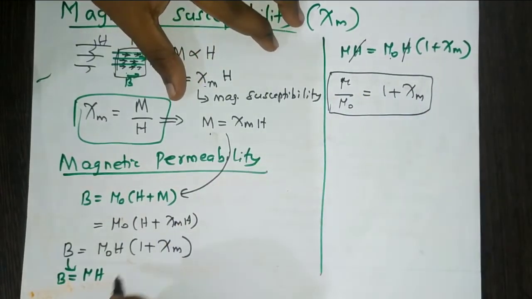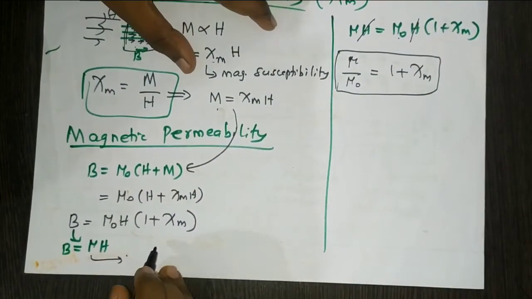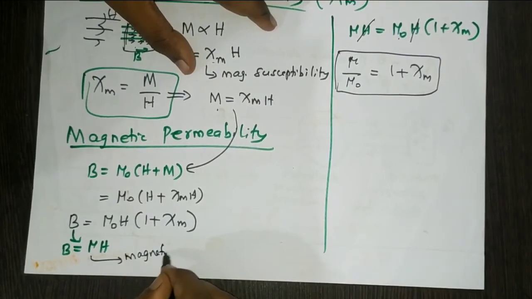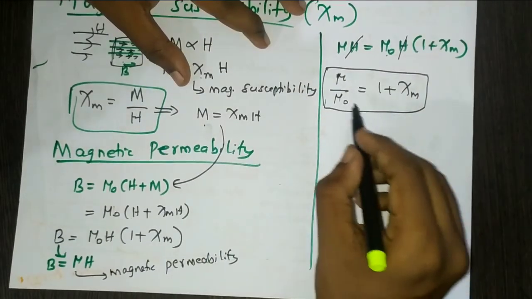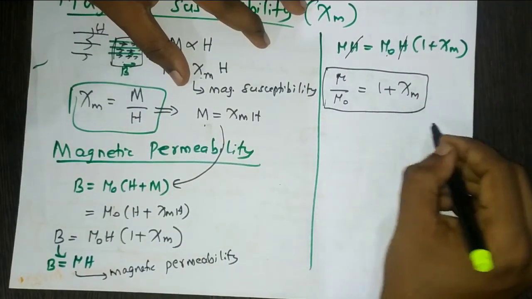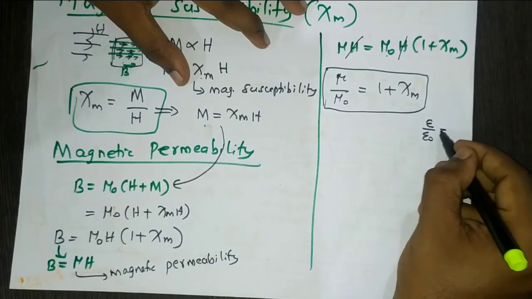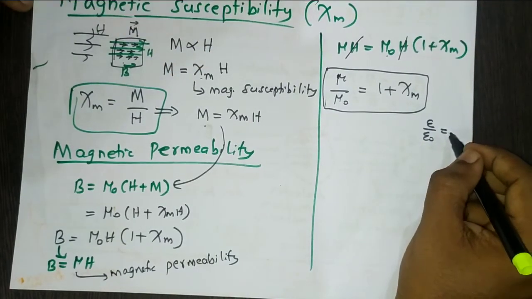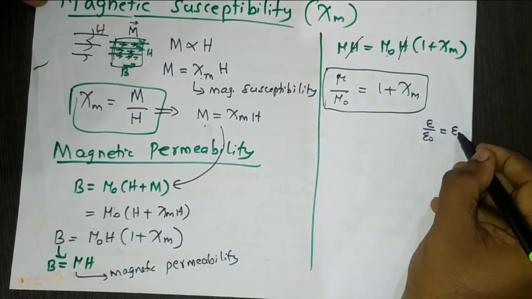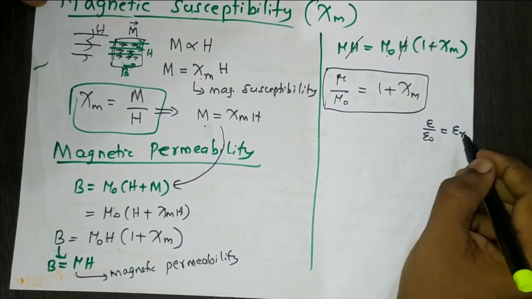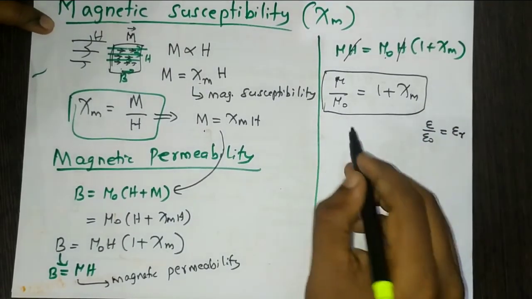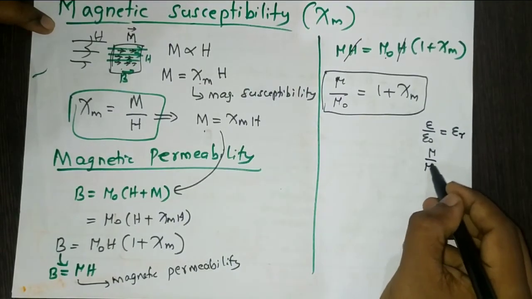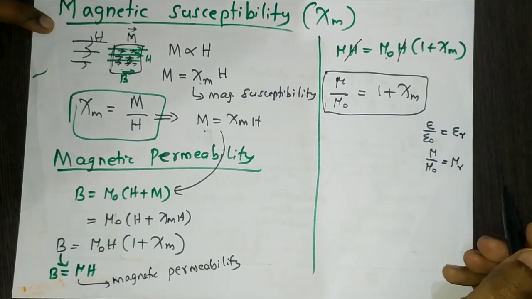This quantity mu is called the magnetic permeability of the medium. We have seen a similar relation like epsilon by epsilon 0 in the case of electrically polarized material, that was defined as the dielectric constant or relative permittivity of the dielectric material. In a similar way, here we can write mu by mu 0 as the relative permeability.